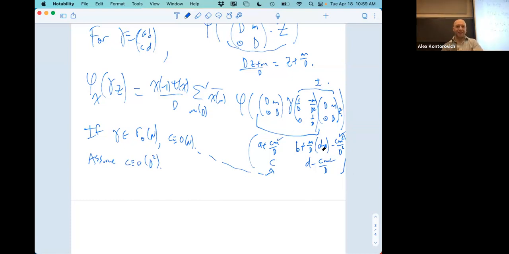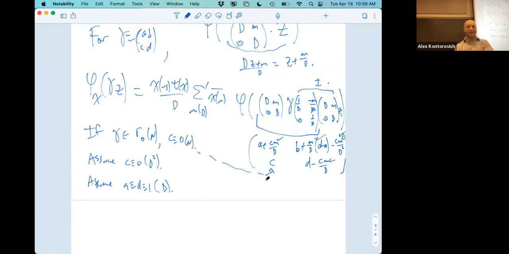This would be a different congruence group. So also assume, for example, that A and D are both 1 mod d. Then this will be an integer.